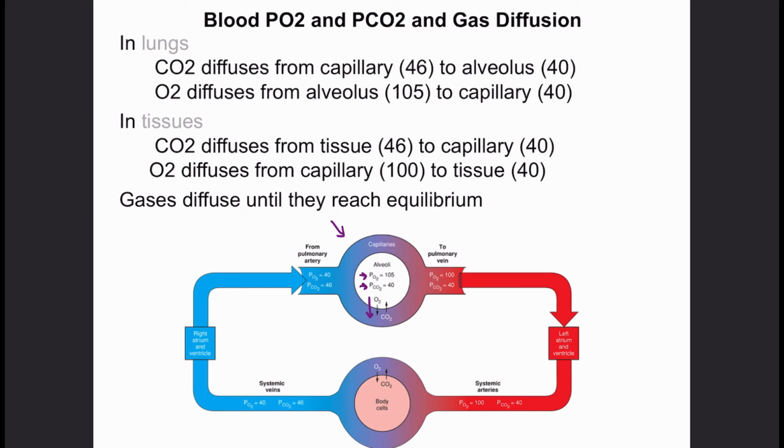The pressure of carbon dioxide is going to go from high in the capillaries to low in the alveoli. In the tissues, carbon dioxide is high, and it is going to go from high in the body cells, in the tissues, to low in the capillaries. And then oxygen is going to go from high in the capillaries to low in the body tissues.